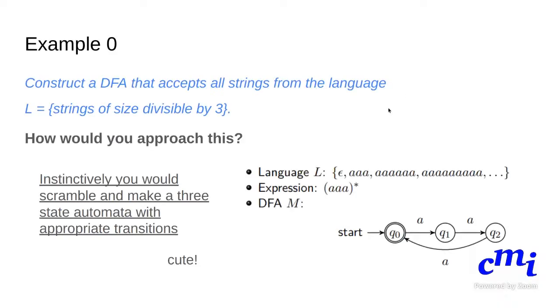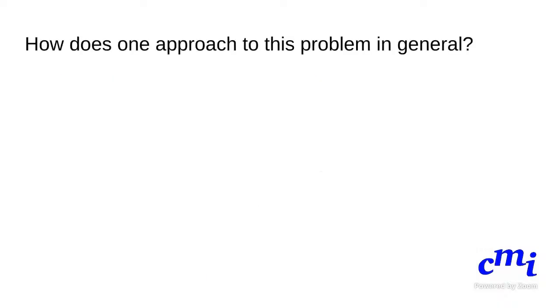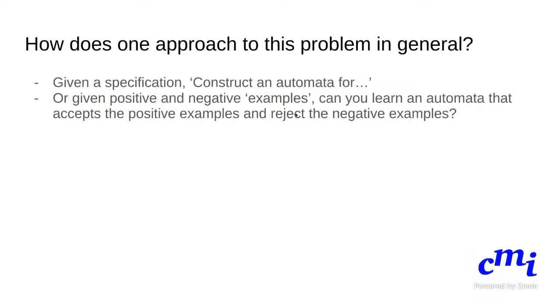In the previous slide, the language L is the set of positive examples, and let's say L complement is the set of negative examples. So given positive and negative examples, can you learn an automaton that accepts positive examples and rejects negative examples?